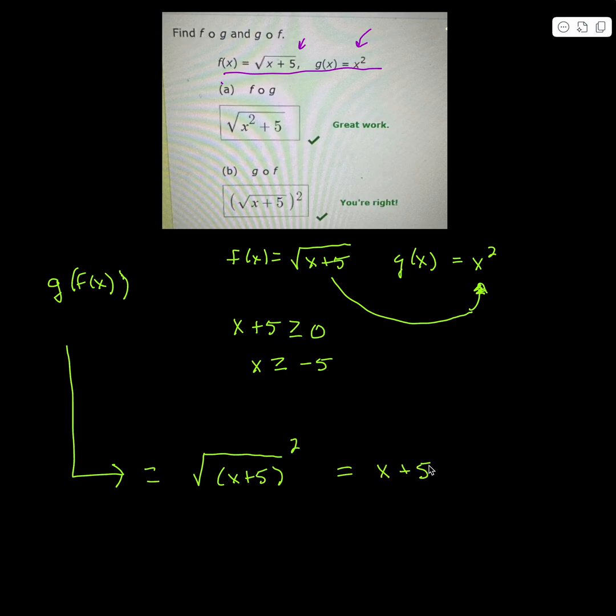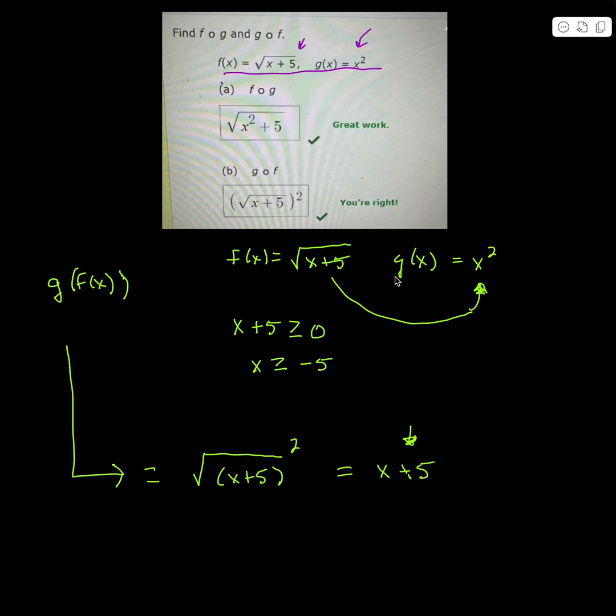Maybe you would put negative infinity to infinity, and maybe it's because of this. If x plus 5 was the original function, with nothing else, the domain of x plus 5 is indeed negative infinity to infinity. There's no restrictions on x there.